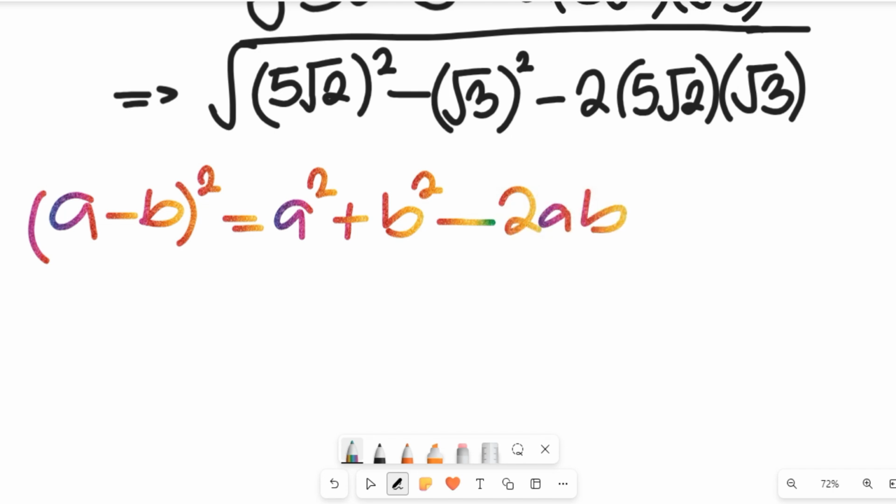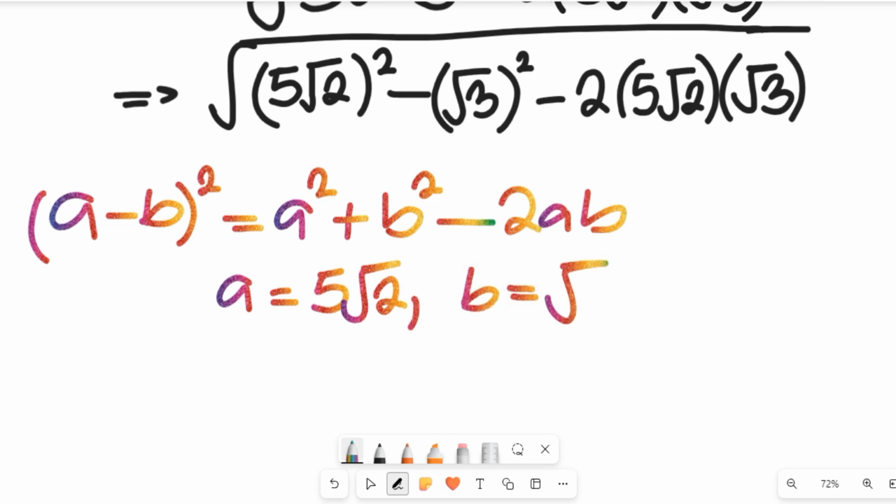Now you notice that this is exactly the expression we have here. From here you can see that a is equal to 5 root 2, and comparing to the main expression, b is equal to root 3.